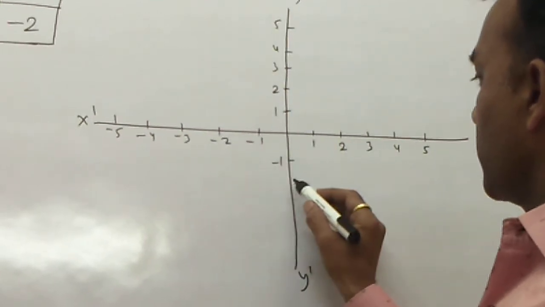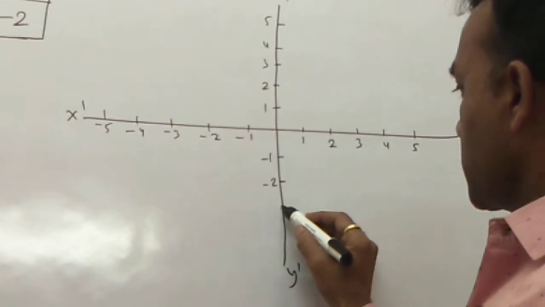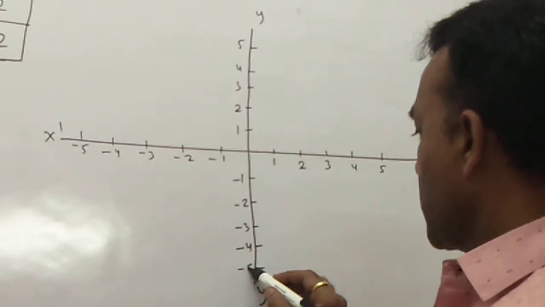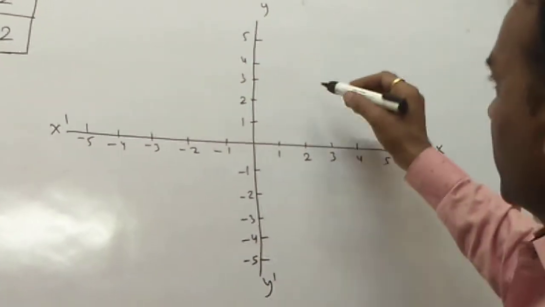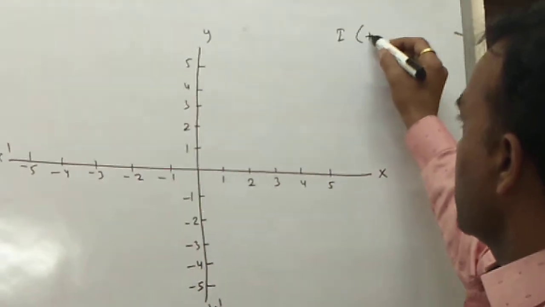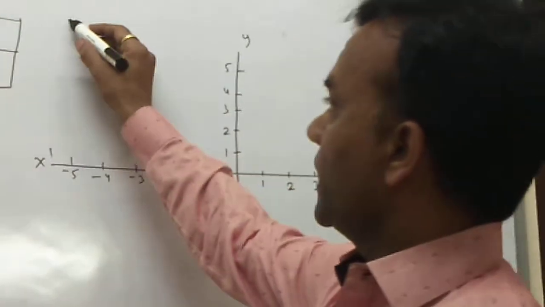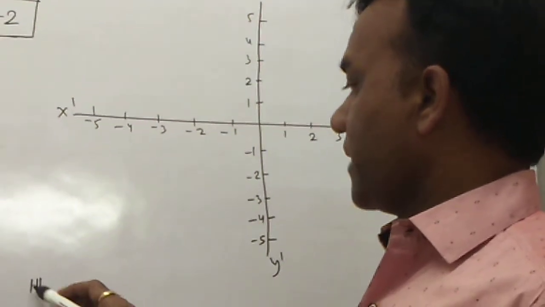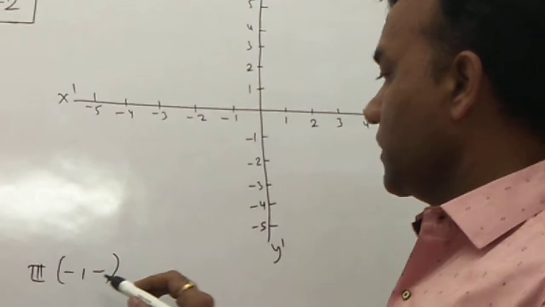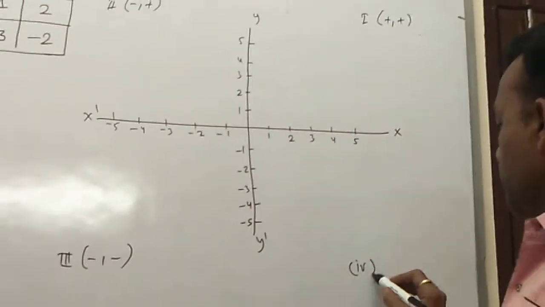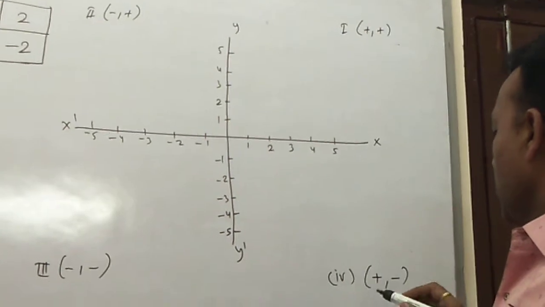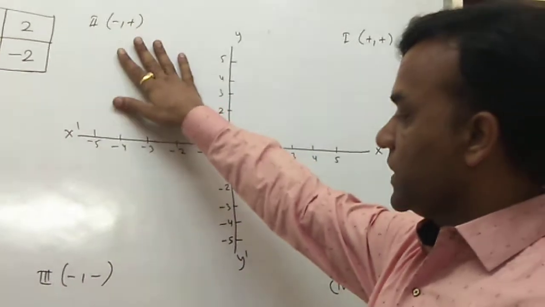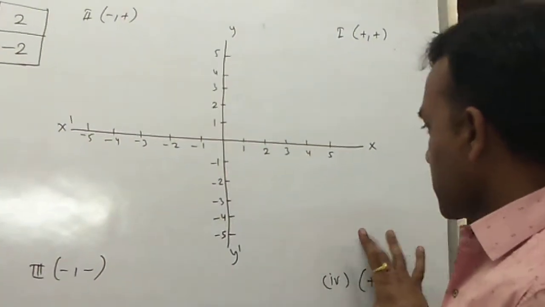Also you draw here minus 1, minus 2, minus 3, minus 4 and minus 5, because this quadrant is the first quadrant having plus plus signs, the second quadrant having minus and plus, the third quadrant having both signs negative, and the fourth quadrant is plus minus. So there are four quadrants.